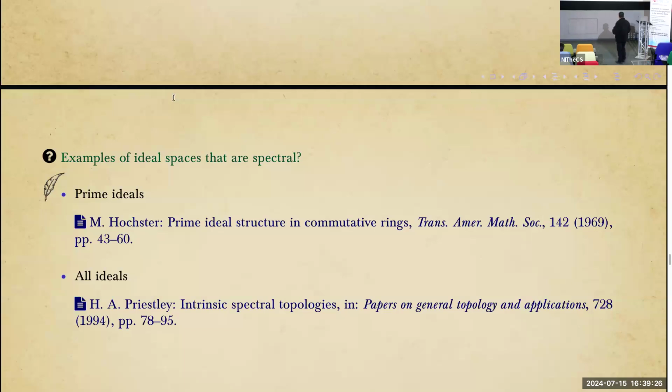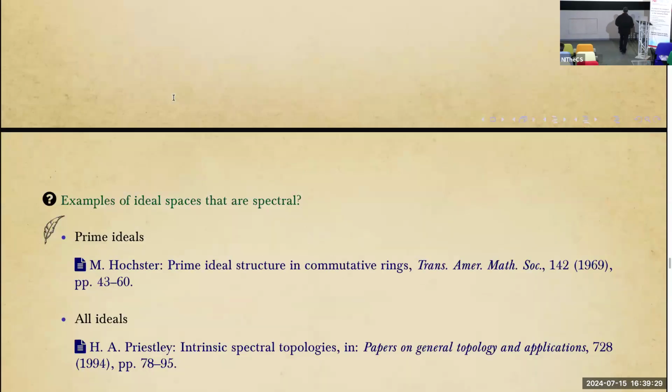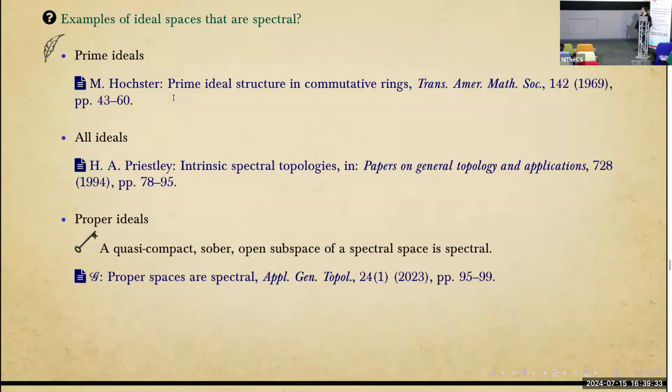And then, interestingly enough, if you consider proper ideals, that means you have all ideals, then you remove the ring, so you only remove one element from your set. Then the proofs are completely different, because the argument that works for all ideals does not work if you just remove one element.